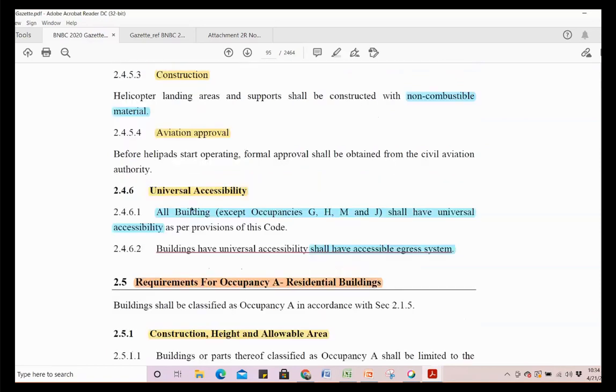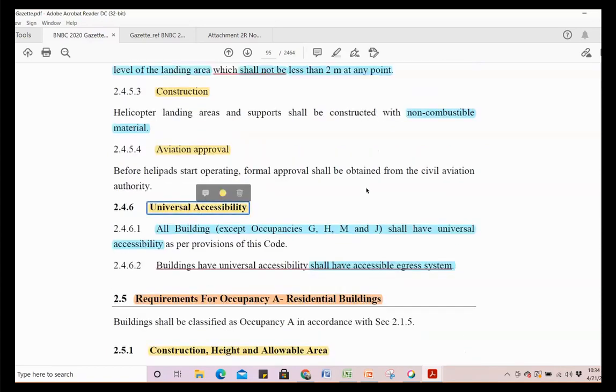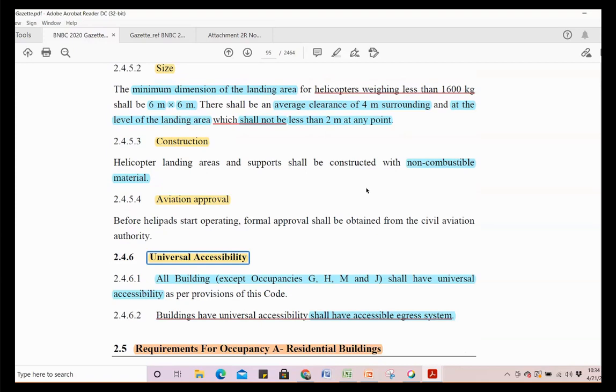Then comes the universal accessibility issue. Universal accessibility is, as you all know, that a large section of our society are often physically challenged, either permanently or temporarily.